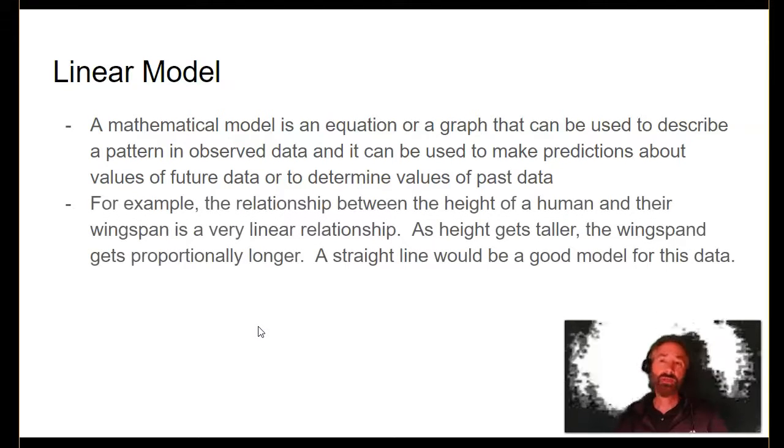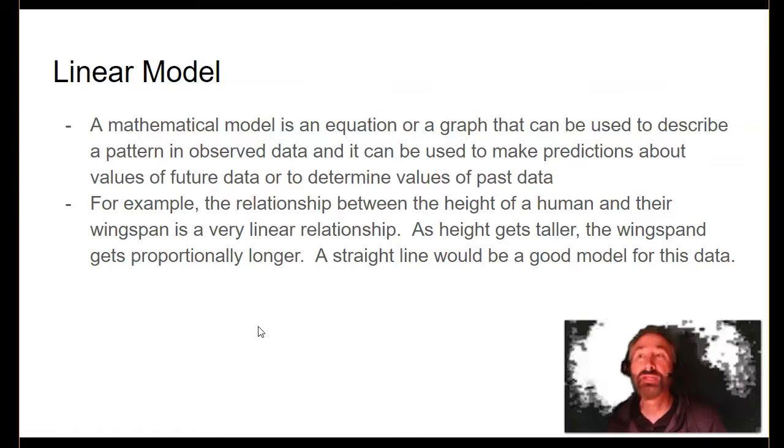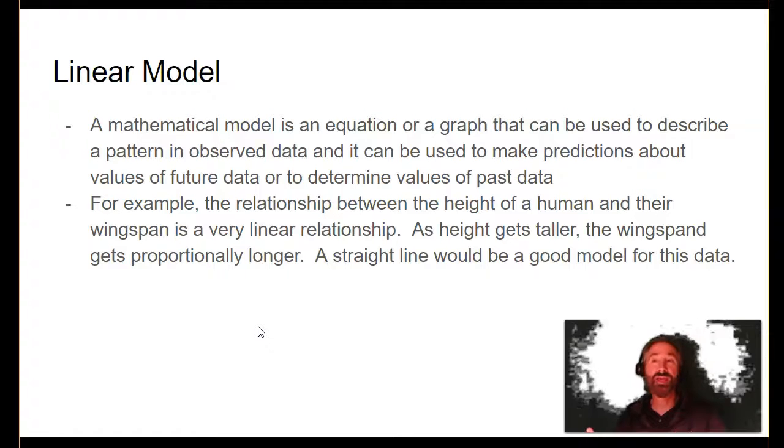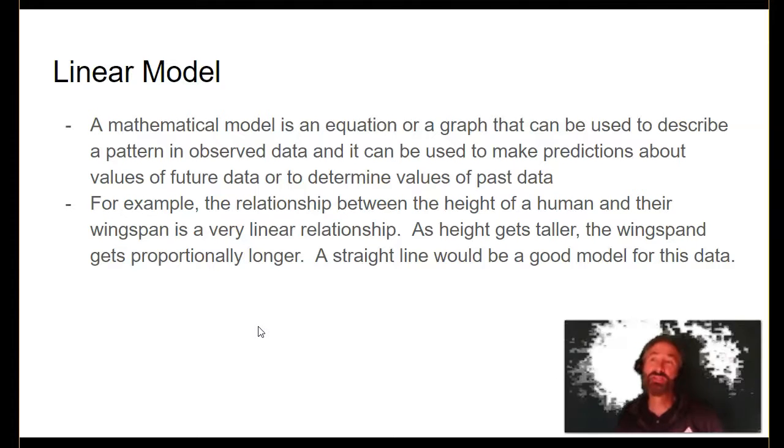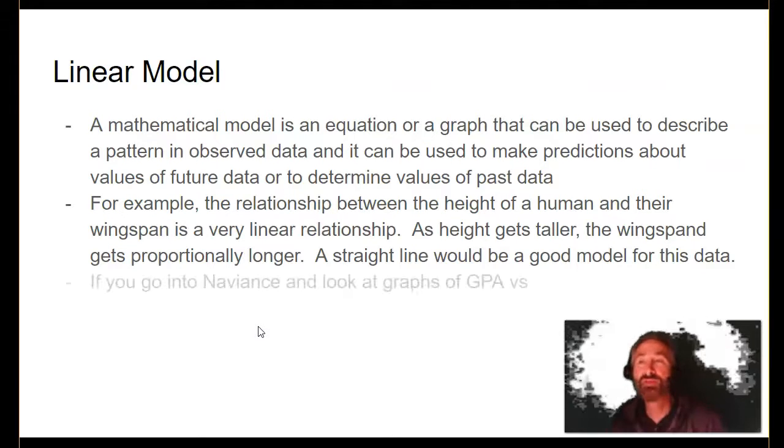Okay. I had an example here. There's actually a relationship between the height of a human and their wingspan or their arm span, and it's a pretty linear relationship. So we could say a straight line would be a good model for this data.